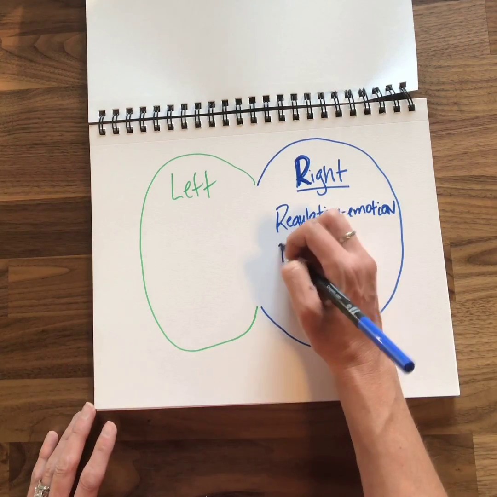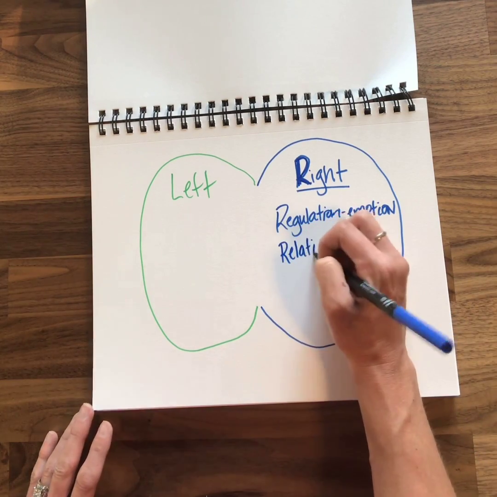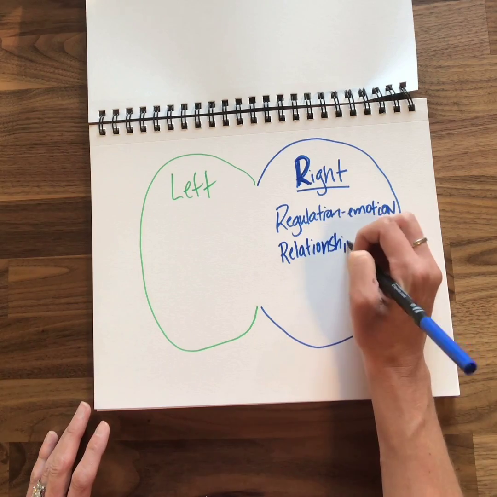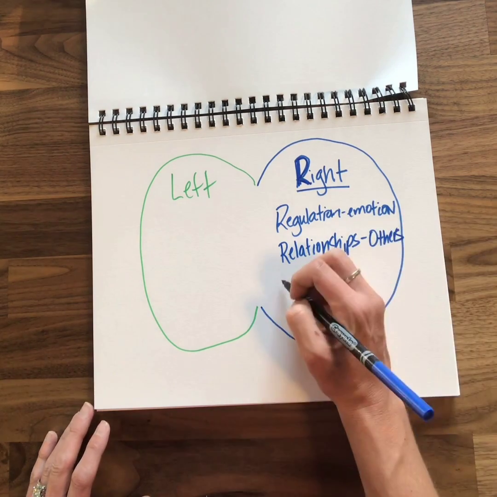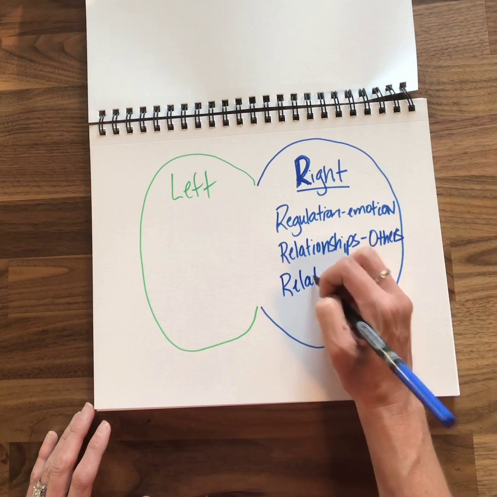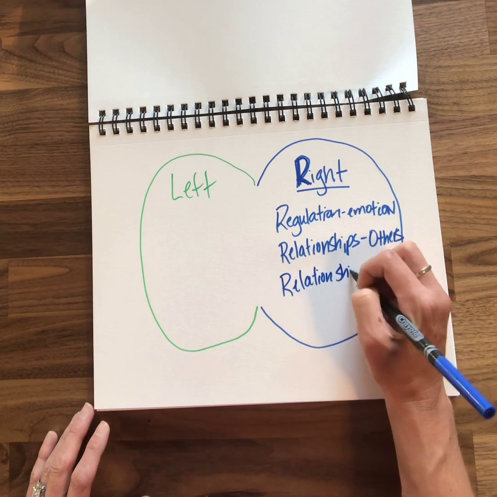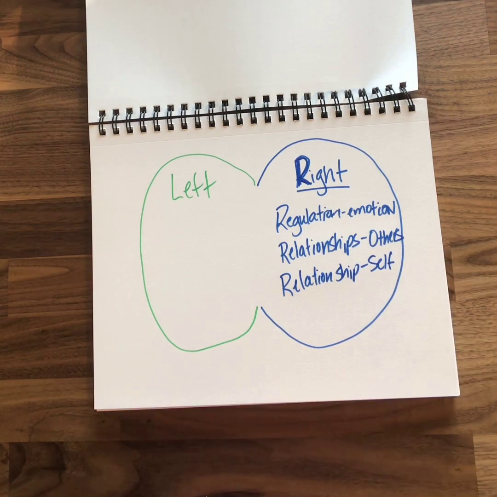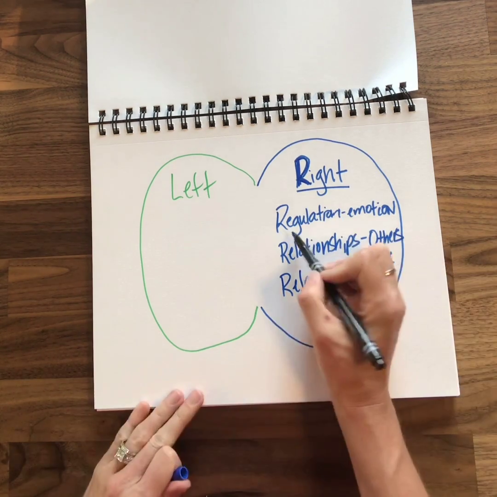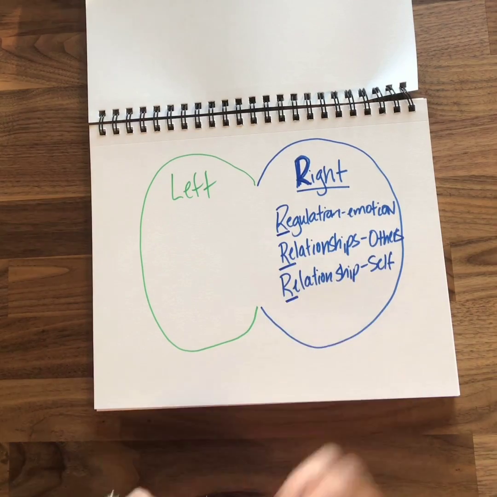Next one is relationships to others. And the third one that we're going to talk about today is relationship to ourself, right?